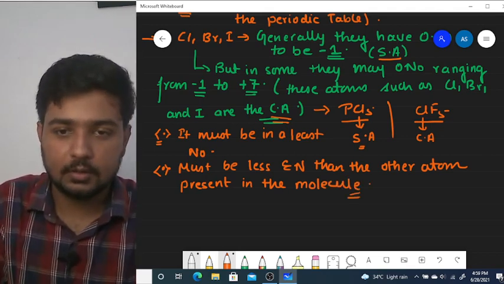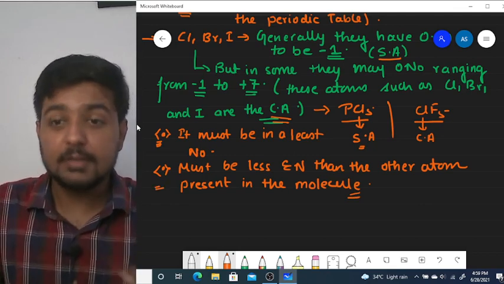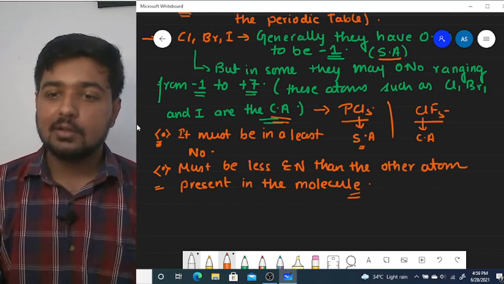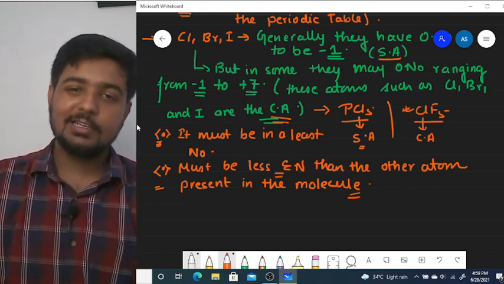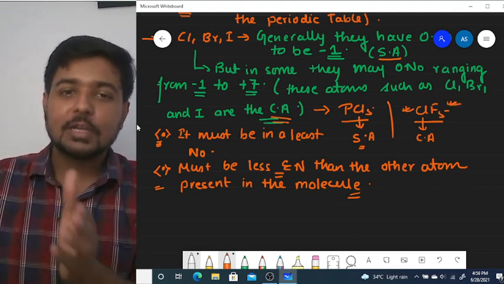Are you getting the point? It must be in the least number, and the second point is it must be less electronegative than the other. For example, here chlorine is in the least number and fluorine has more electronegativity than chlorine.